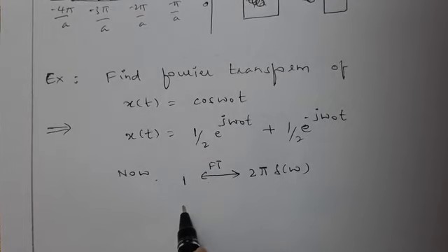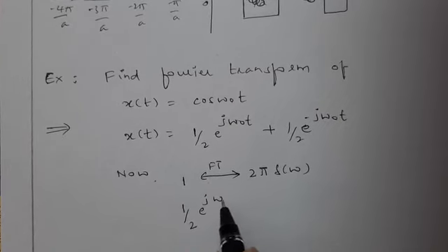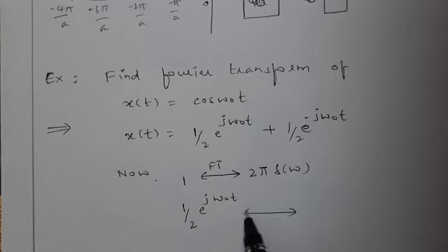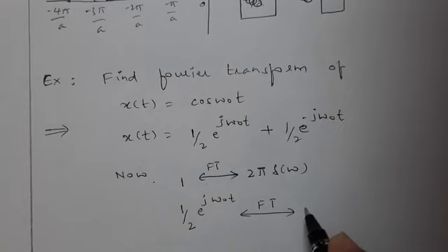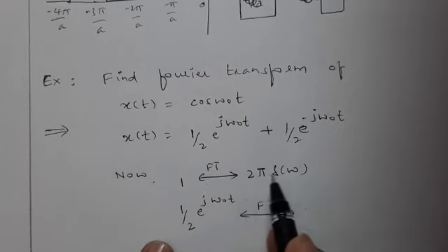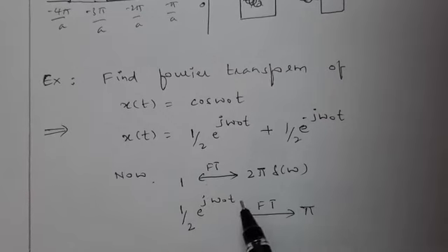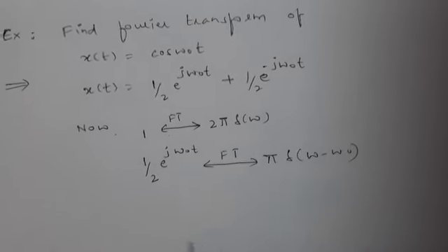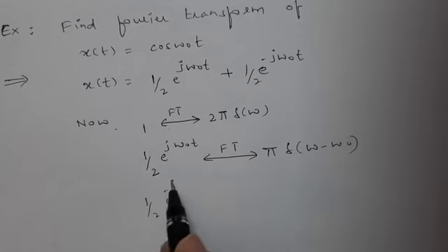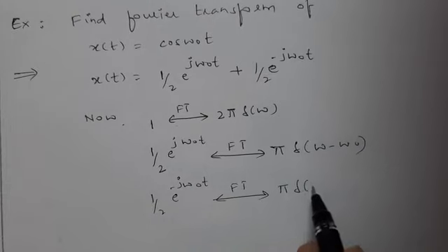Similarly, the Fourier transform of half e to the power j omega naught t: for 1 it is 2 pi delta of omega, for 1 by 2 it is 2 pi by 2 which is pi, and with e to the power j omega naught t, using the frequency shift property, it is pi delta of omega minus omega naught. Similarly, for half e to the power minus j omega naught t, the Fourier transform is pi delta of omega plus omega naught.